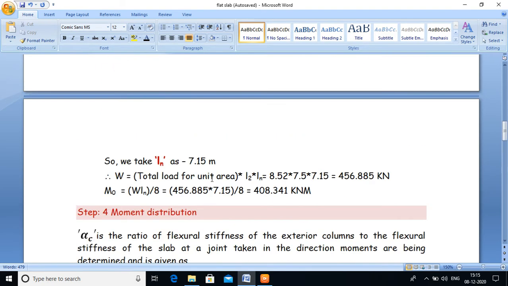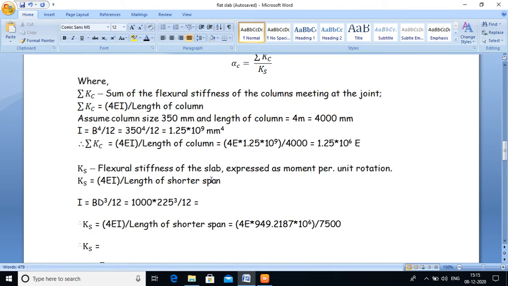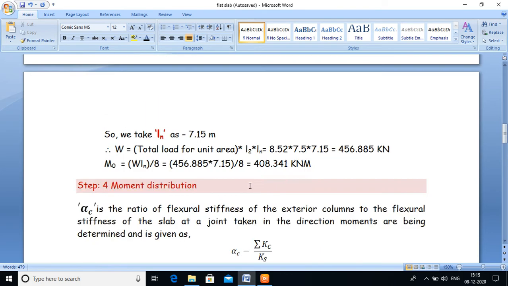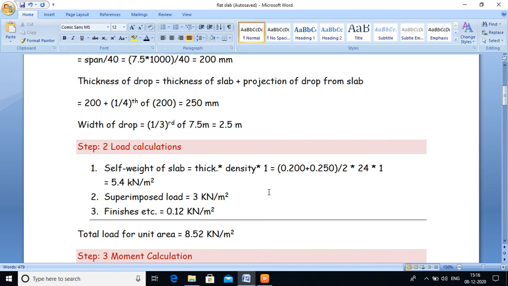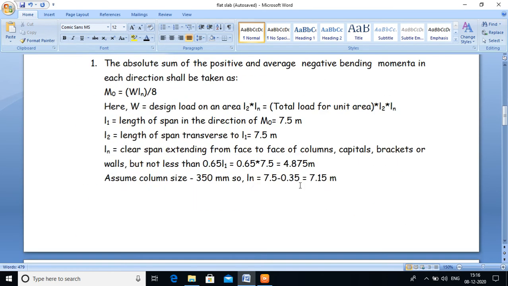What I used over here, which is very important, is the average thickness. So the average of these two, 0.25, we used.